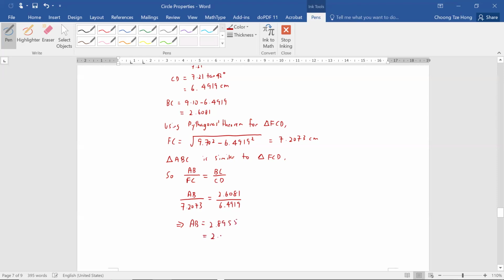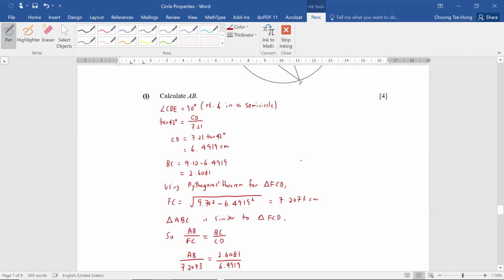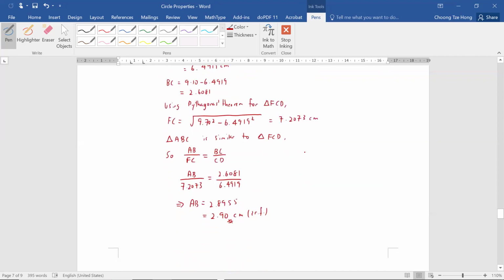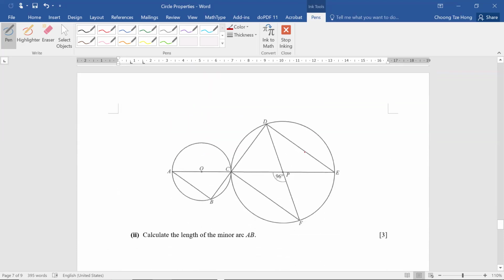So rounded off to 3 significant figures, 2.90 cm. Okay, so you'll get this. So by no means an easy question. In fact, I would say a rather difficult question for this chapter.